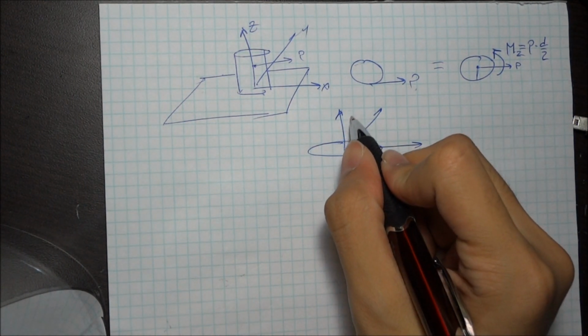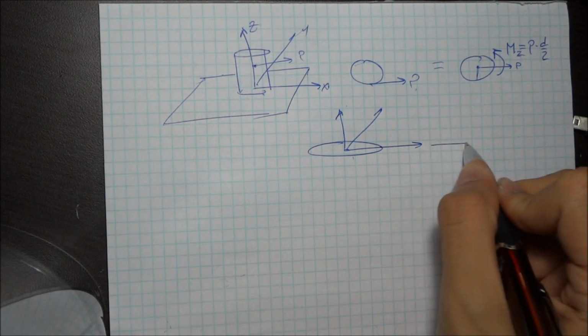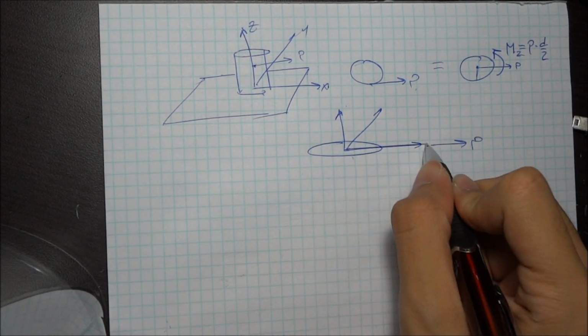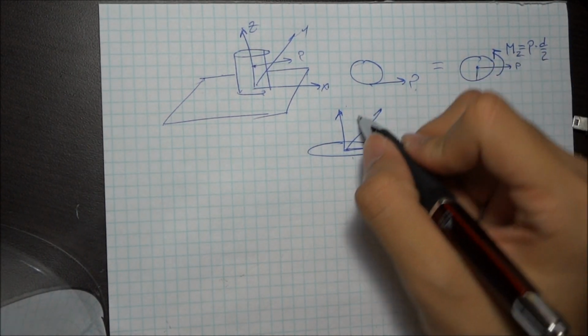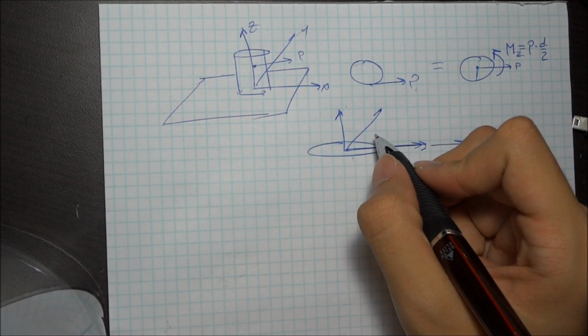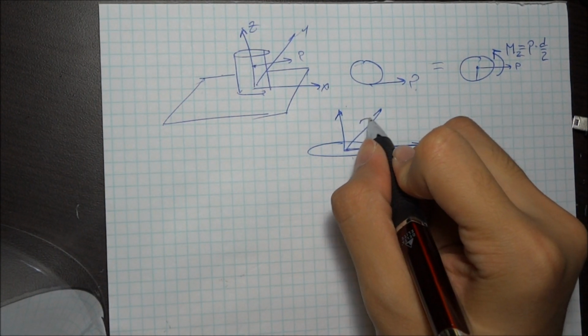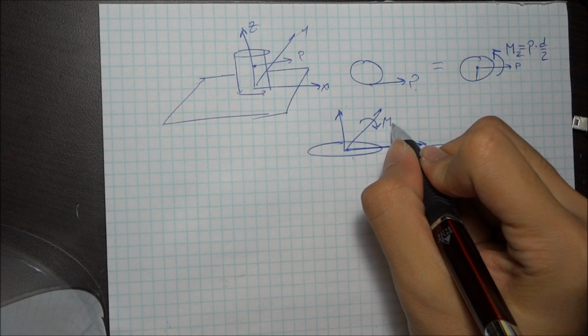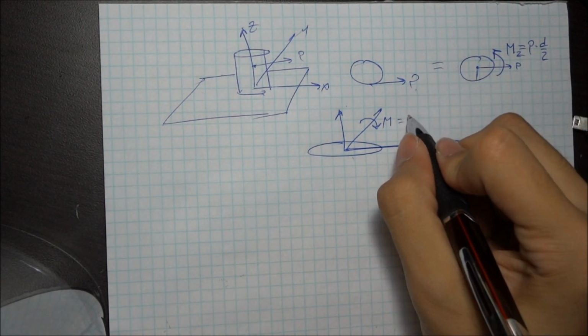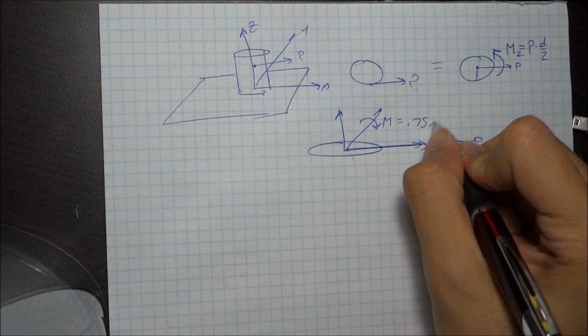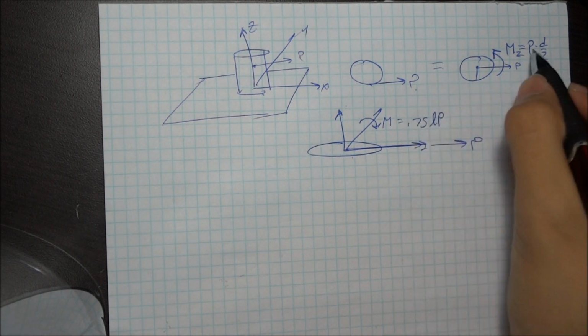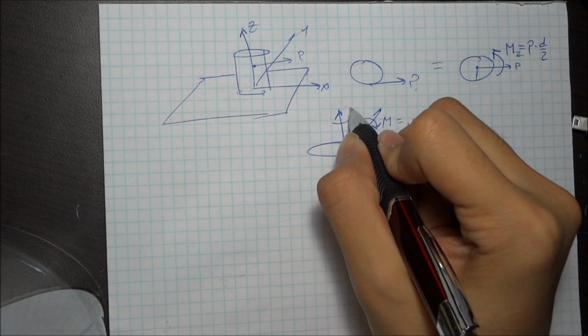If we bring P down from up here all the way down here, we're going to have P acting here. In order to make it equivalent, we're going to have a moment that goes like this. Moment is equal to 0.75 LP. And I already said we have this rotational moment, which is here.